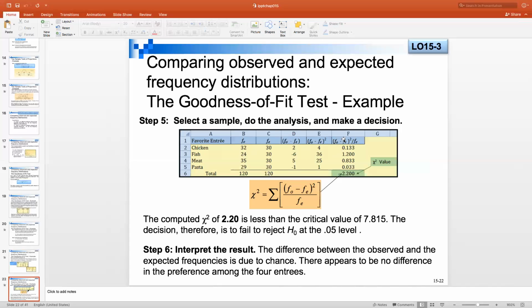And let's take that squared number and divide it by the expected frequency. So if we take that 4 over the 30, we're going to get 0.133, etc. Okay, to get that column of data. Let's go ahead and add those up, and that's what this summation symbol here means. Let's add those up, and we get 2.2. So very simple math.